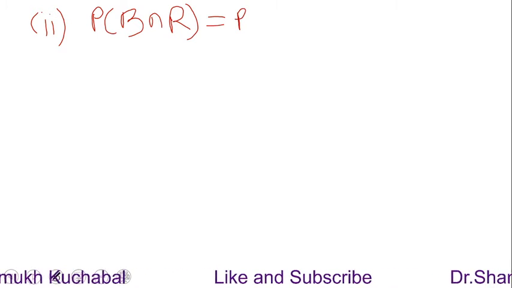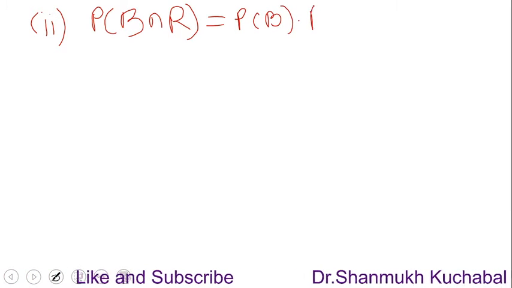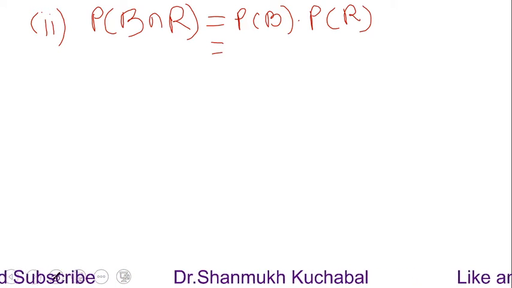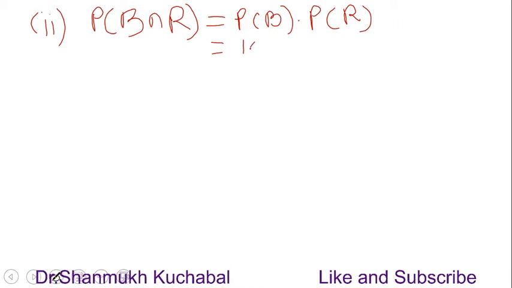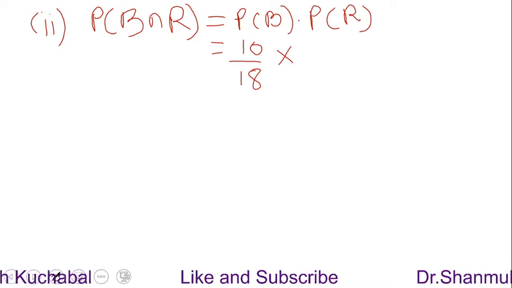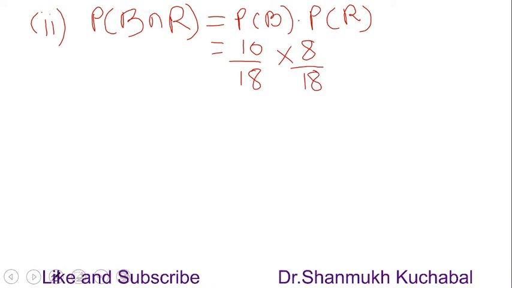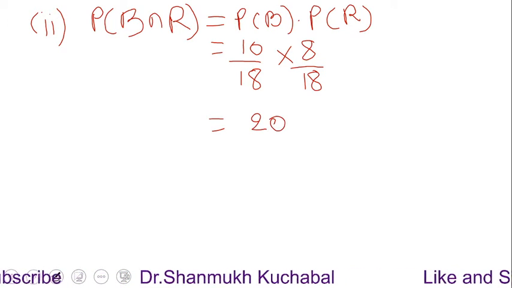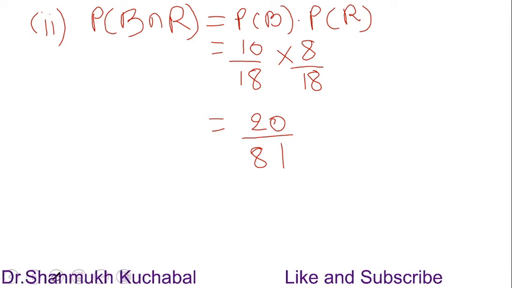So we get the probability of B multiplied by the probability of R. This is equal to the probability of B, 10 divided by 18, and the probability of R, 8 divided by 18. Simplifying this we get the answer 20 divided by 81. So this is the required simplification.